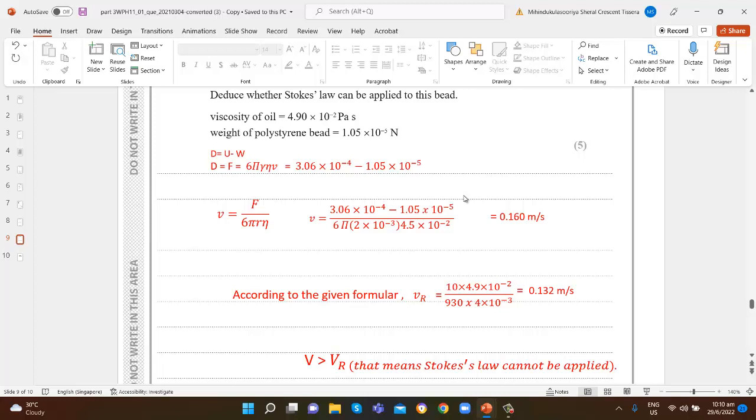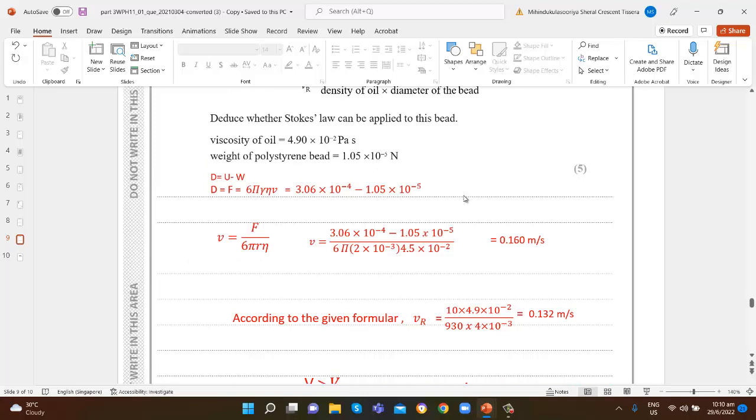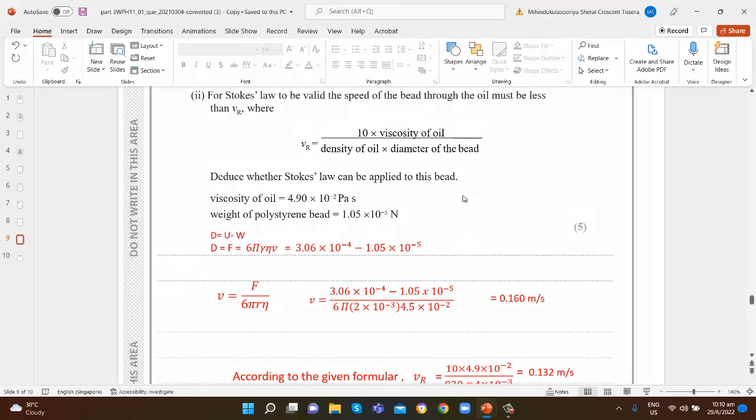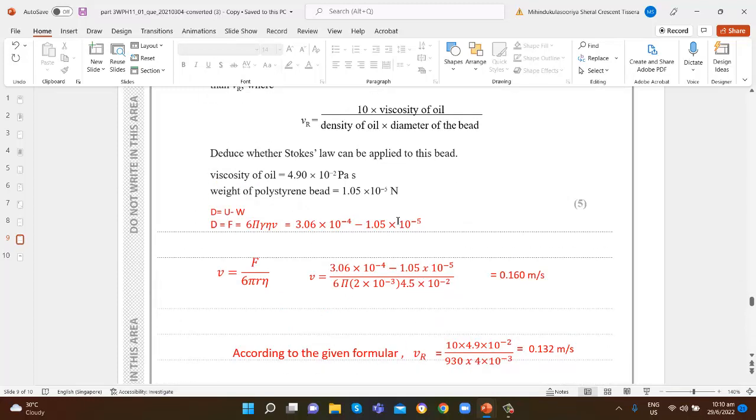If our v is greater than their vR, Stokes' law cannot be applied. So you have to find vR from the given formula and compare with our v. Now see, vR, given formula, 10 times viscosity of oil, density of oil, diameter of the bead, you are getting 0.132 meter per second.